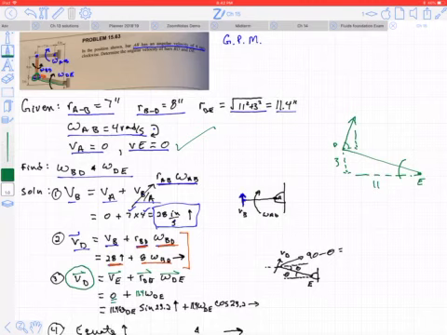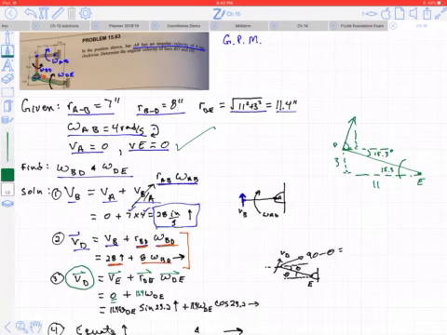So coming over here, grabbing the calculator off the iPhone, flipping it sideways, 3 divided by 11 equals, inverse tangent, 15.3 degrees. And if that's 15.3 degrees, then this is 15.3 degrees.